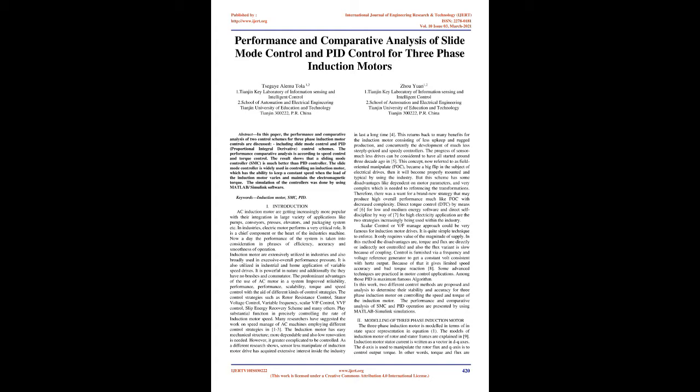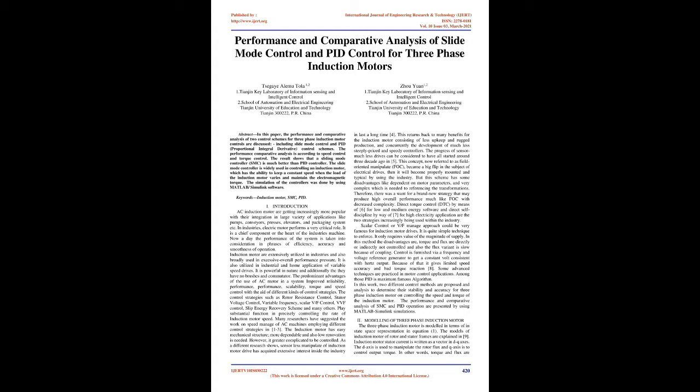It is also utilized in industrial and home applications of variable speed drives. It is powerful in nature and also has no brushes and commutator. The main advantages of using an AC motor in a system are improved reliability, performance, scalability, torque, and speed control with the aid of different kinds of control strategies.